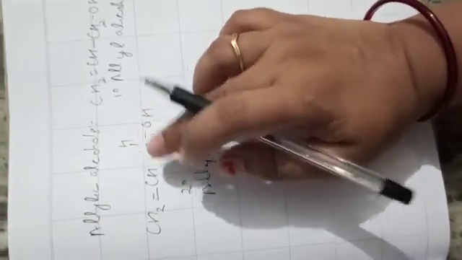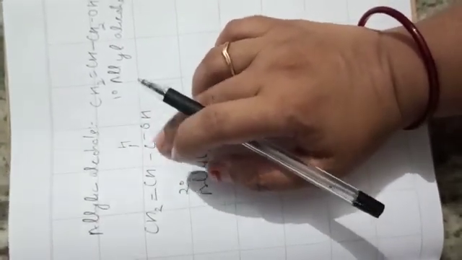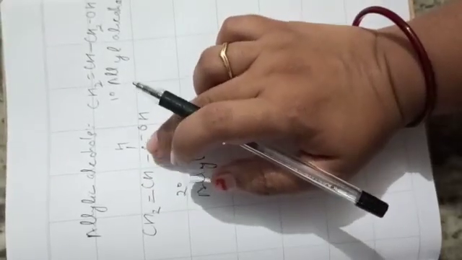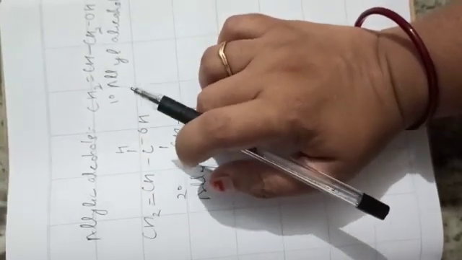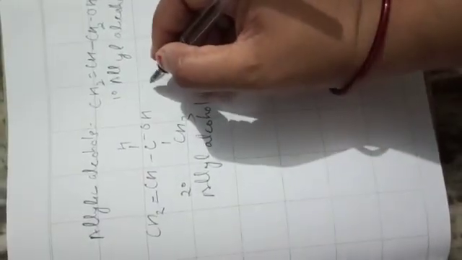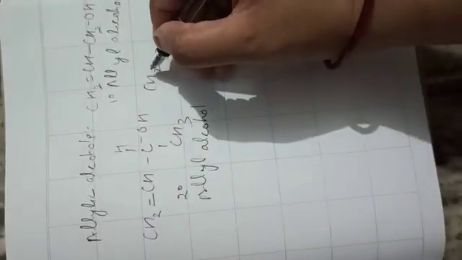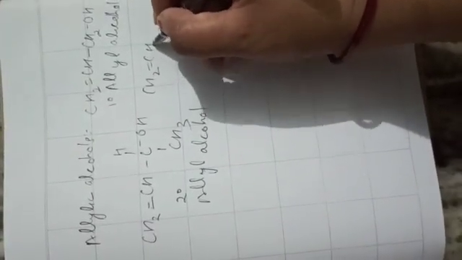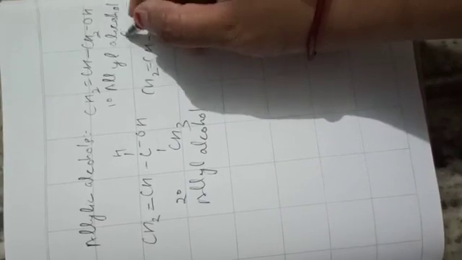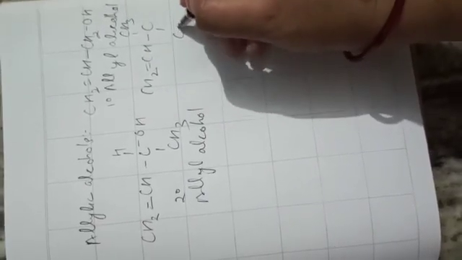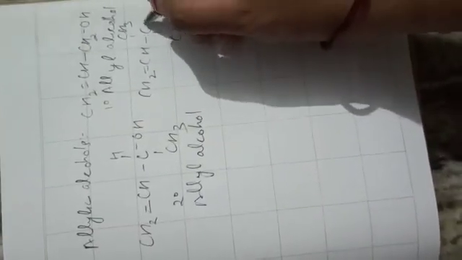As I told you before, when all the hydrogen atoms present on the carbon atom are replaced by alkyl groups, then it is known as tertiary. So in this case the one left hydrogen will also be replaced by an alkyl group. So this will have CH3, then CH3, and this is your OH.